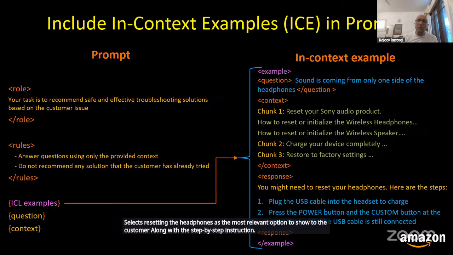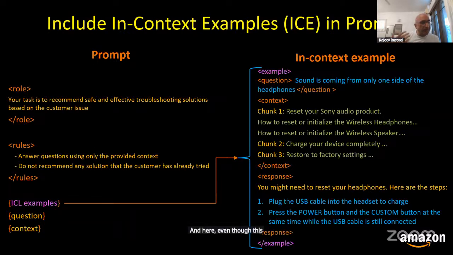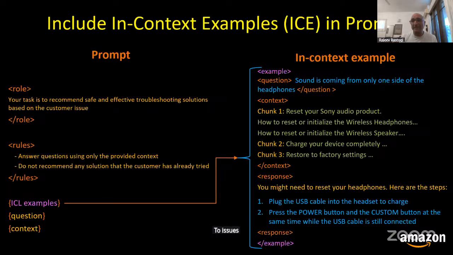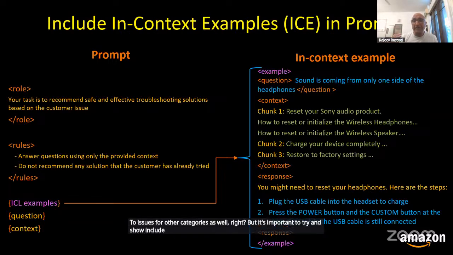Even though this example is really for headphone issues, the LLM can generalize this example to issues for other categories as well. But it's important to try and include a small number of examples that are diverse and relevant to the user question.